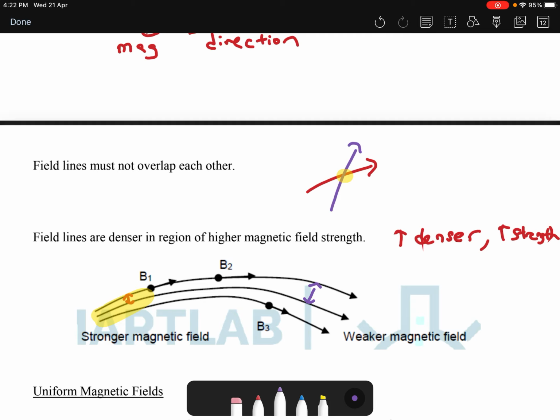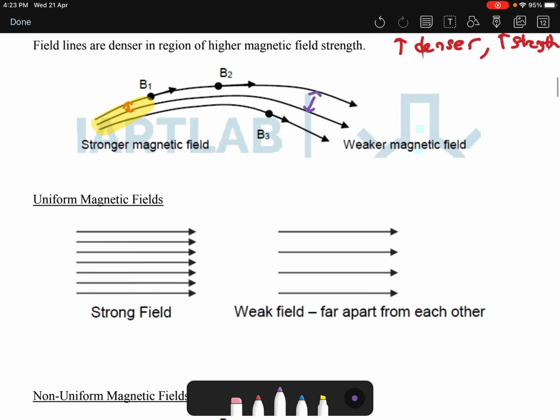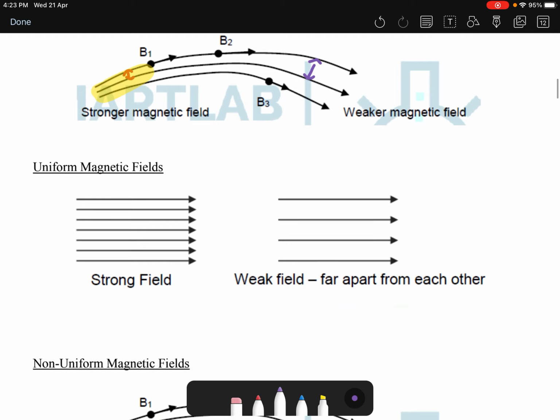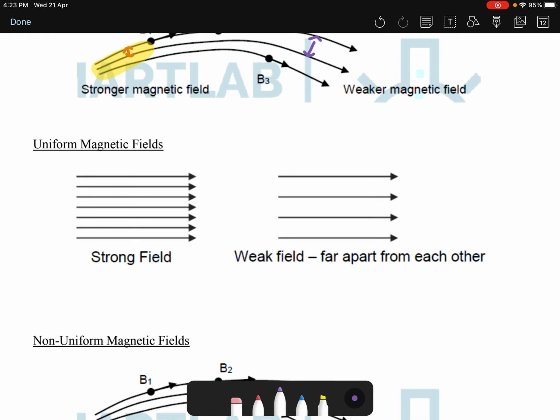Okay, so how is a uniform magnetic field represented in terms of diagrams and arrows? A uniform magnetic field means that the magnetic field strength is the same at every point. So if you have a uniform magnetic field, the field lines must be parallel to each other.